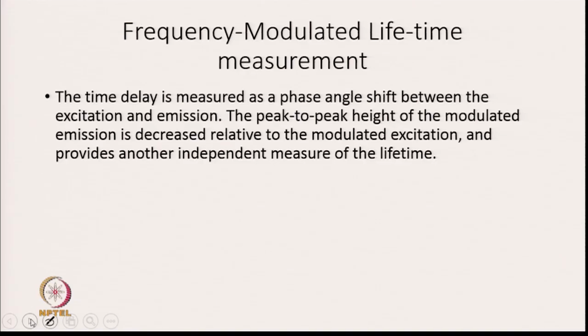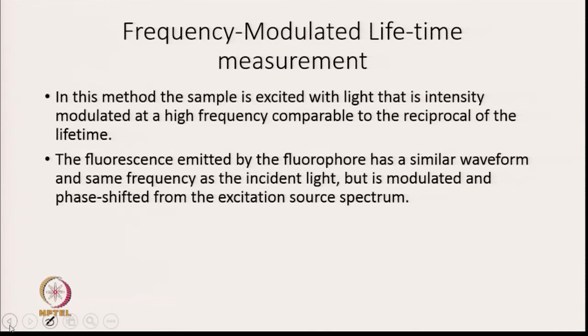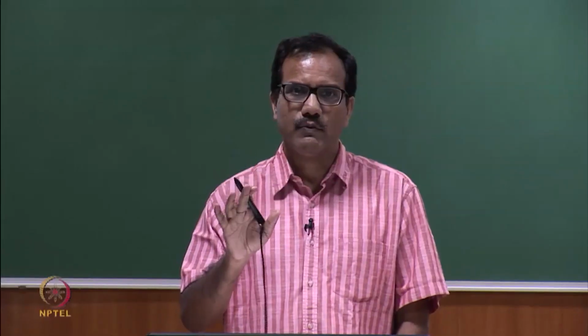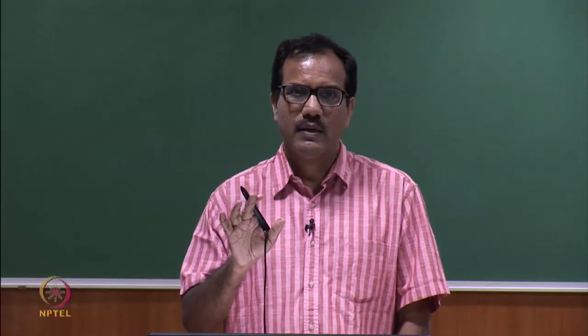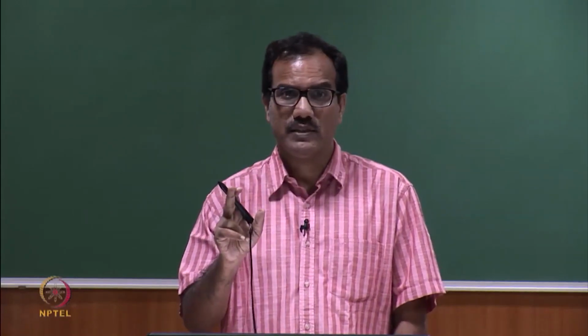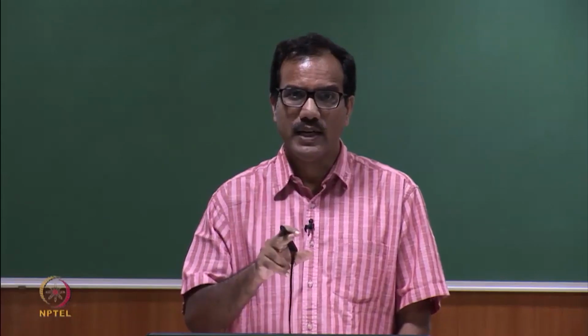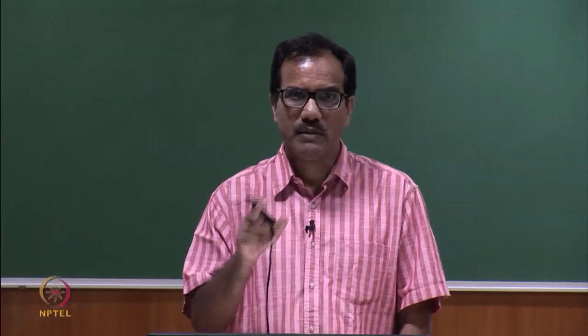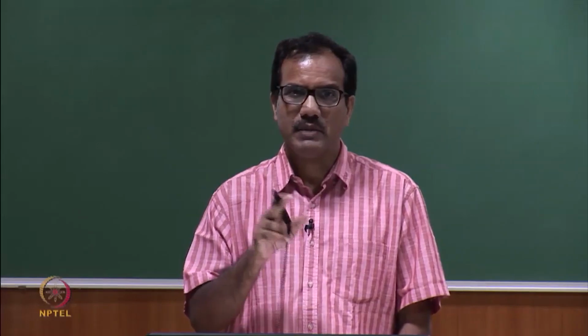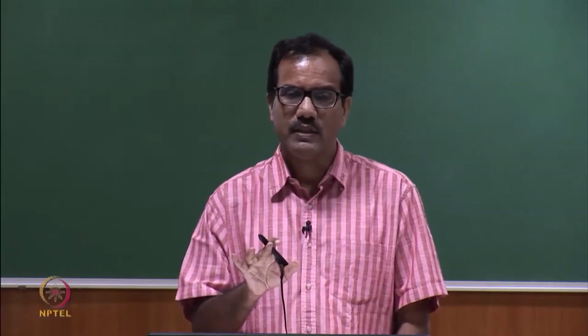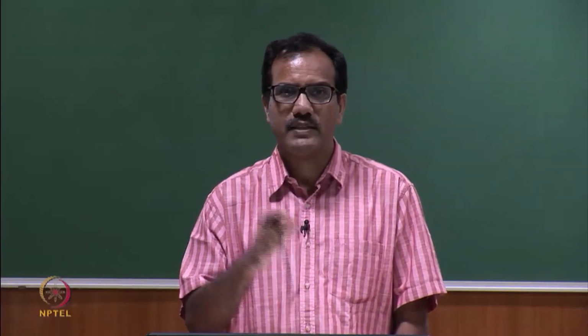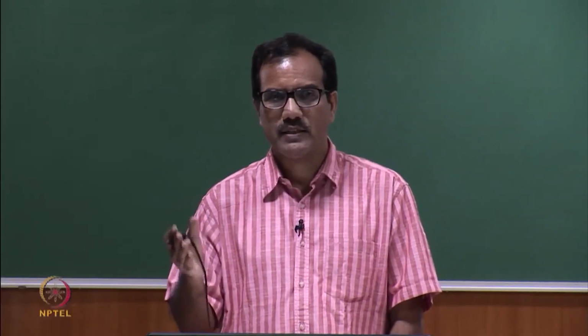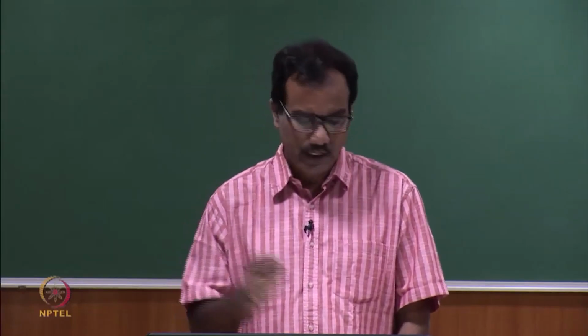So what we are looking at here is the time delay, which is measured as a phase angle shift between excitation and emission. First we excited the fluorophore with light which is intensity modulated, and now we are looking at the fluorescence emitted, which has the same frequency, only it is phase shifted from the excitation source spectrum and is modulated.